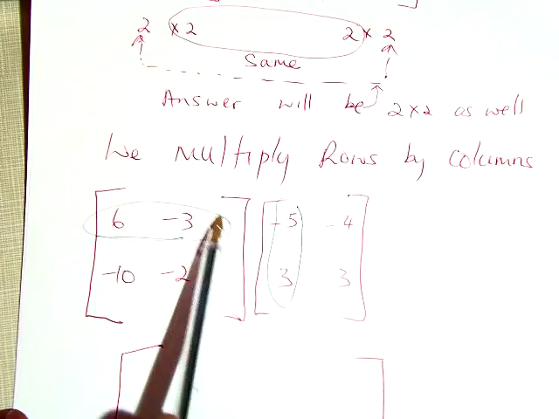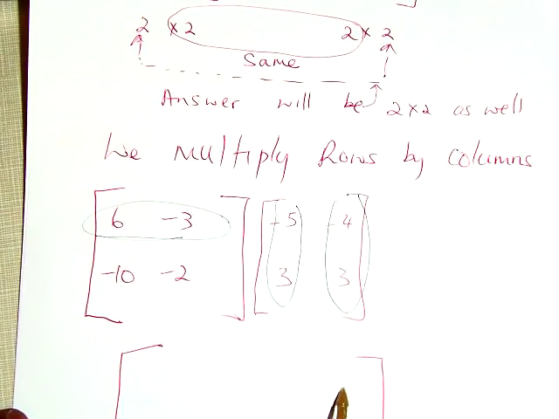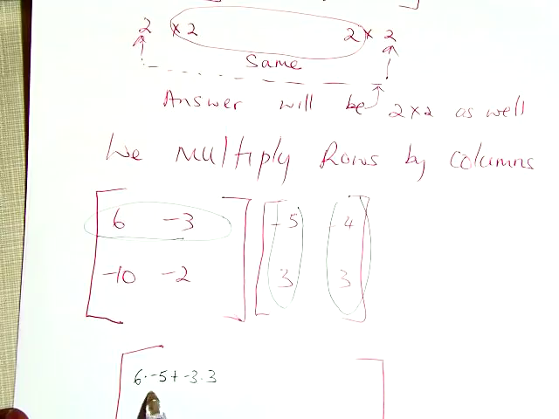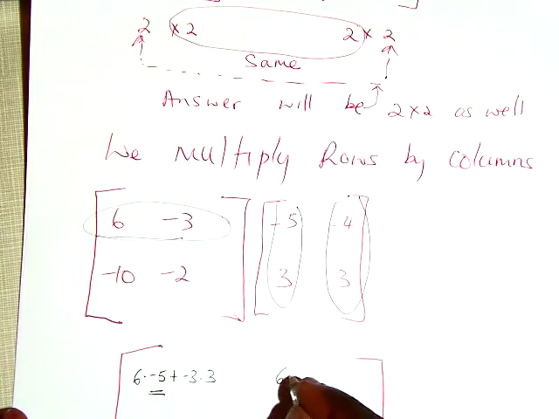Then I'm going to take this row again and also multiply it by this column, and the answer is going to go up here. So for the first one, I would take 6 times -5 plus -3 times 3, and that answer is going to go right there. Whereas over here, I'm going to take this row times that column. So I'm going to do 6 times -4.